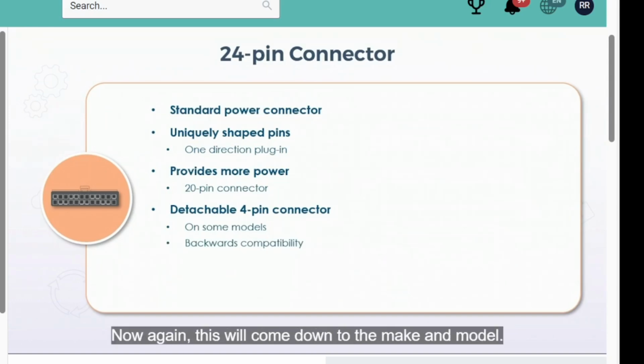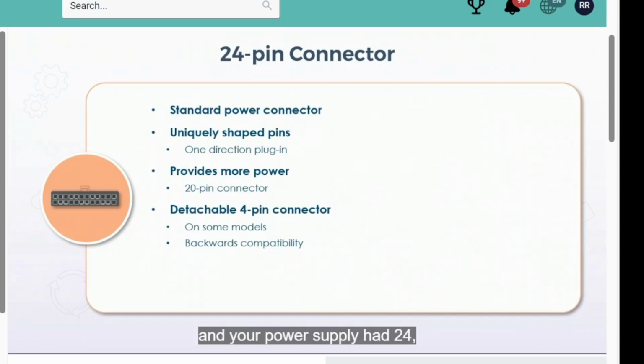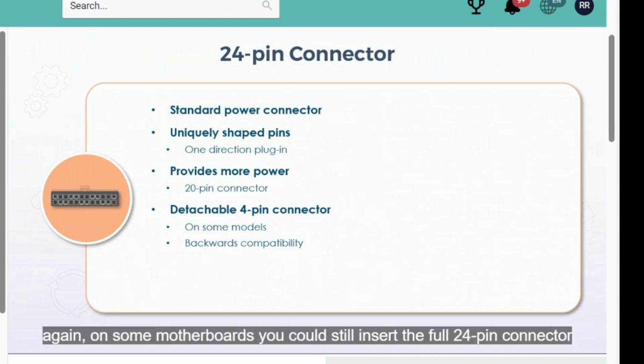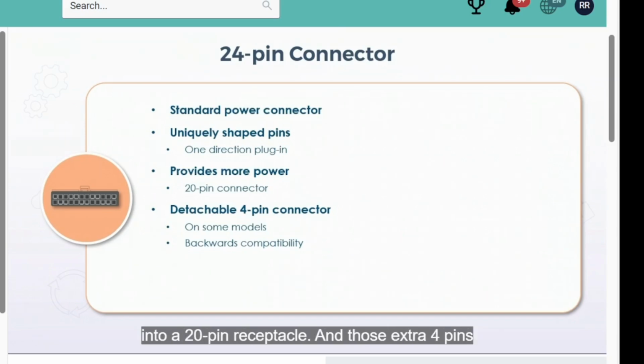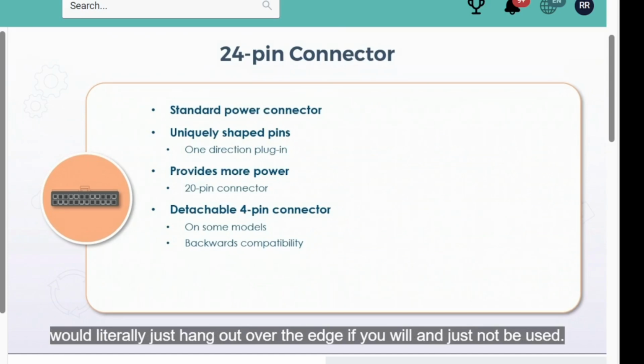Now again, this will come down to the make and model, but if you had a motherboard that only had a 20-pin connector and your power supply had 24, then in most cases you could literally just slide off the extra connector which contained the last 4 pins so that you could insert it into the 20-pin connector. And even if it wasn't a detachable connector, again, on some motherboards, you could still insert the full 24-pin connector into a 20-pin receptacle, and those extra 4 pins would literally just hang out over the edge, if you will, and just not be used.